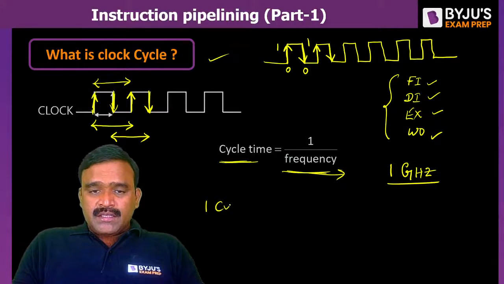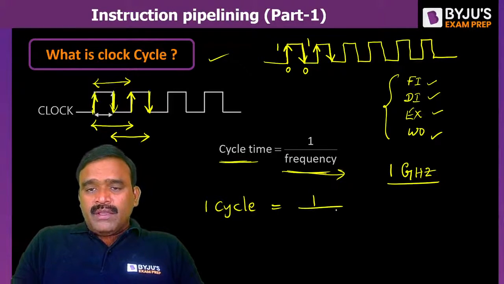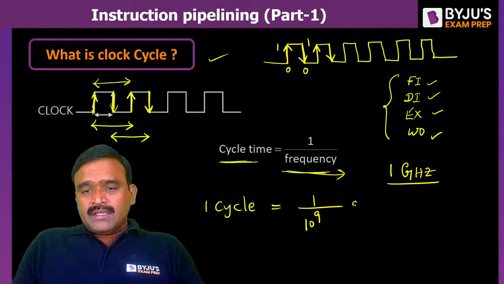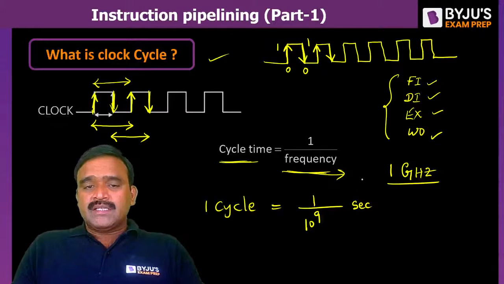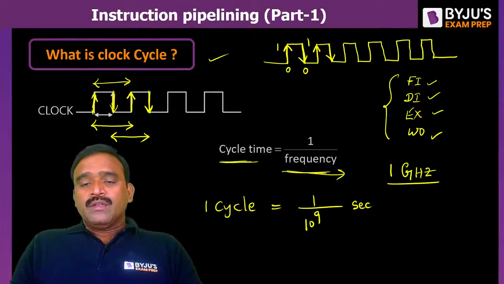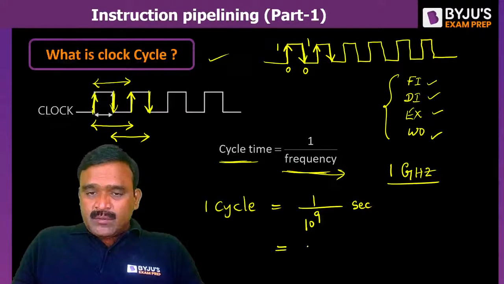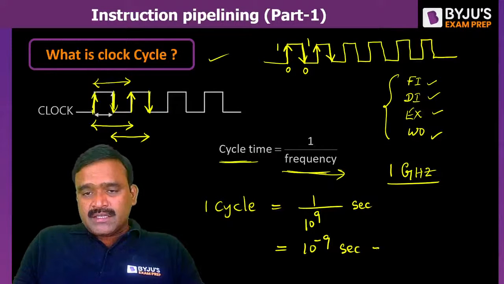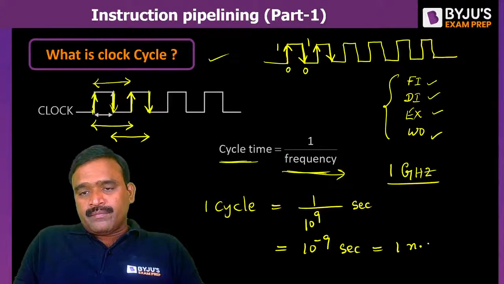So one cycle is equal to 1 by 1 giga, which is 10 power 9 hertz, so 1 by 10 power 9 seconds. When it is given in hertz, the cycle time is in seconds. 1 by 10 power 9 seconds is nothing but 10 power minus 9 seconds, which is equal to 1 nanosecond.